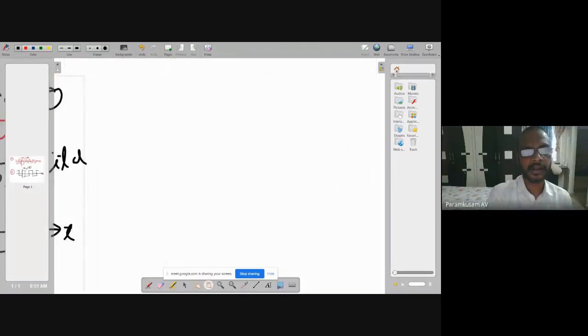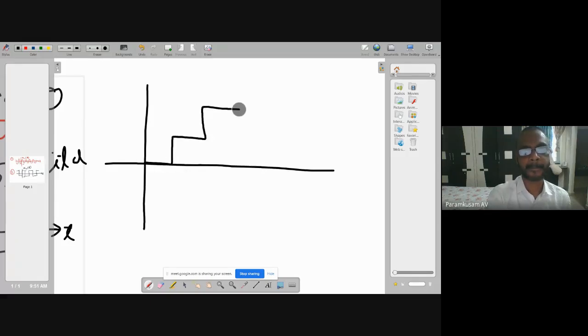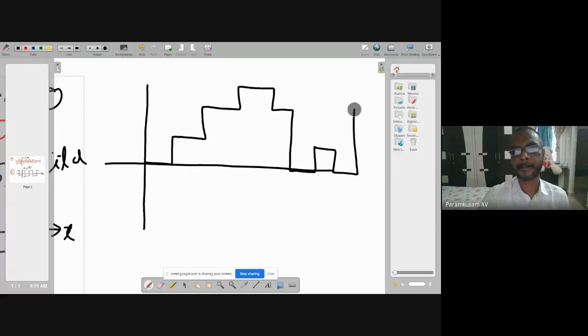Okay. Here I draw another signal. Suppose this is x3 of t. What is this signal?